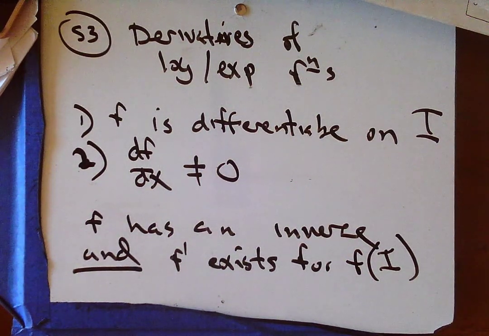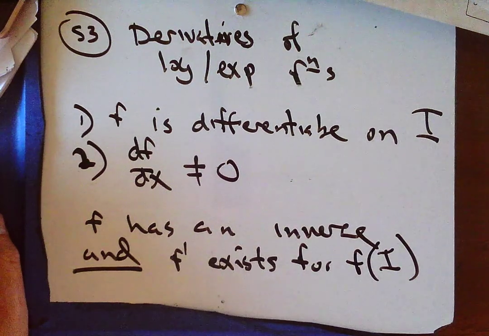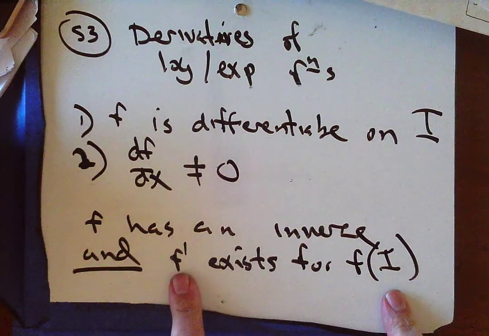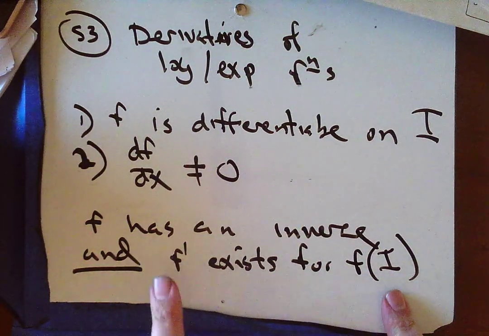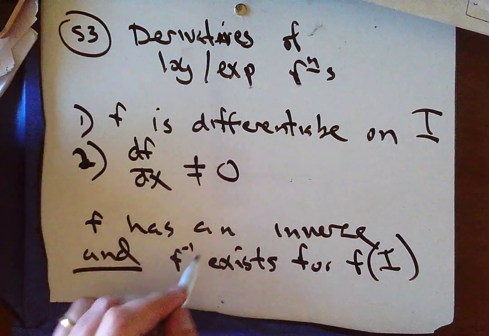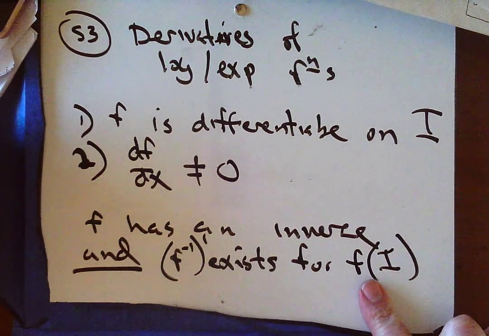And that's just a quick way of saying, when we were thinking about inverse functions back in pre-cal, remember how we had to switch the inputs and outputs. So this is me saying this derivative, f inverse prime, exists for all the outputs of this original function.